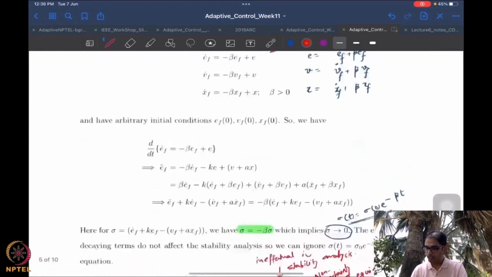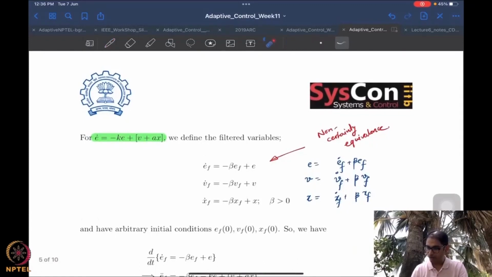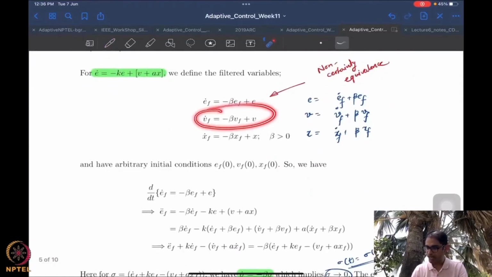The other thing to remember is, because we have defined a filter, V is defined via VF and beta VF, and V is what we really implement on the system. We also have to claim that V is bounded, and that's not difficult either, because this is a stable system.